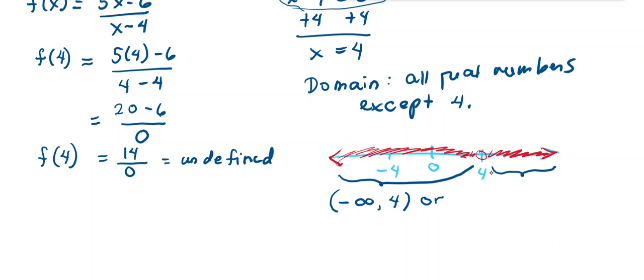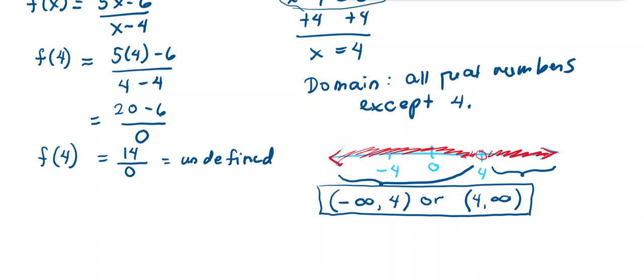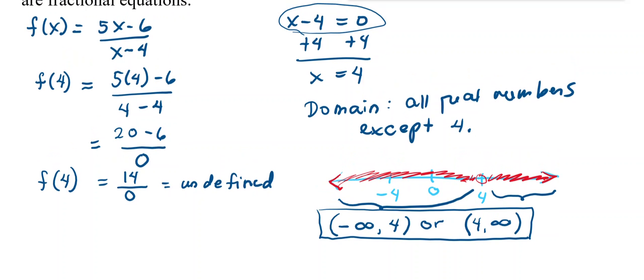So that interval is from 4 up to positive infinity, and 4 is not included, so we're also going to use the parentheses symbol, and for infinity it is also parentheses. So the domain is this whole thing. So if you're asked to find the domain of 5x minus 6 over x minus 4, you're going to say the domain is this interval. Okay, we'll have more examples in the next video.